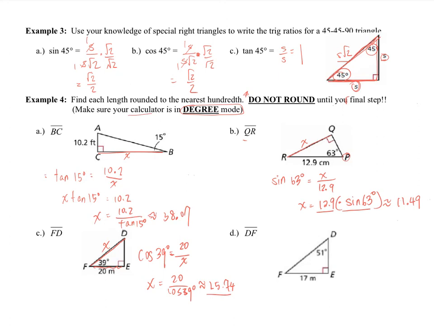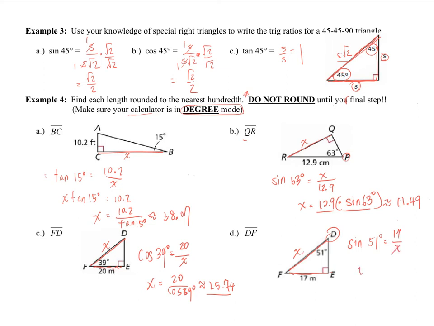And then we have part D. We need to find the length of DF. And we're given angle D, and we're given the opposite length of angle D, and we need to find the length of the hypotenuse, so we need to use sine. Sine 51 degrees is equal to the opposite over the hypotenuse x.